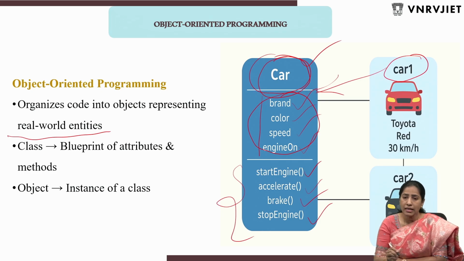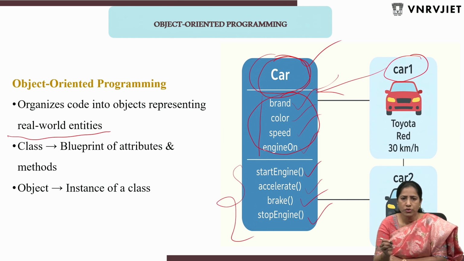That means a car class is a super class, and for that super class we define different subclasses. Those subclasses can be like a sports car or an electric car. So we can define different types of subclasses for the car class.